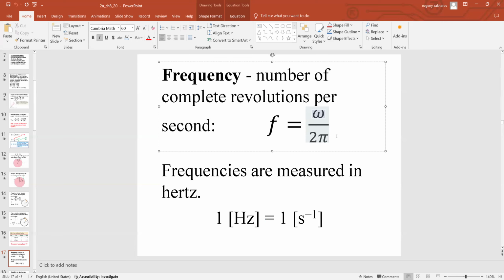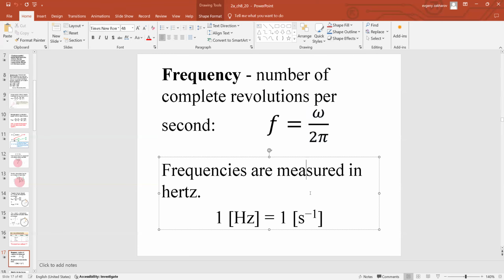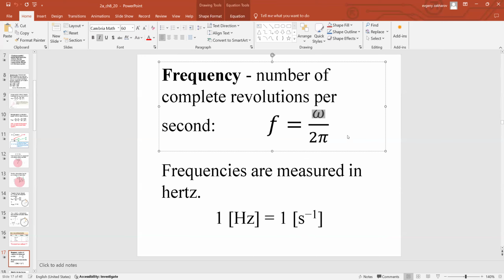And with that, you have your frequency as angular velocity over the magic number pi times 2. And units are hertz, which is the inverse of a second. So frequency is still there. If frequency is given, you can figure out how fast you go in terms of angular velocity right away.